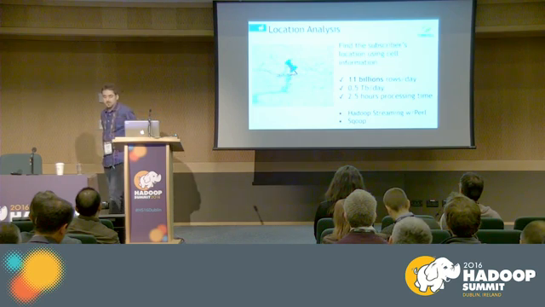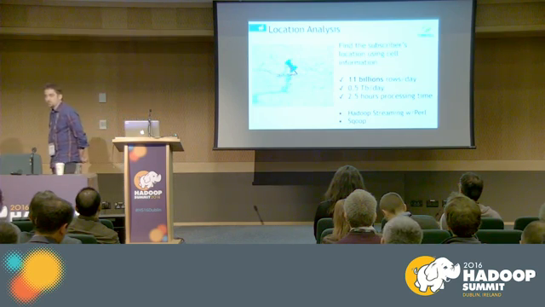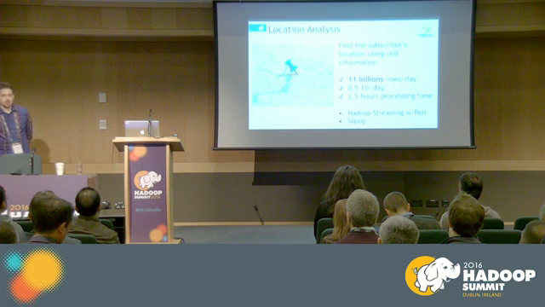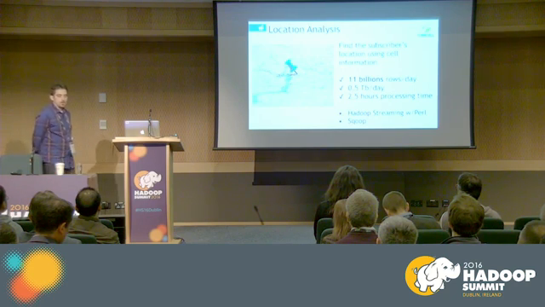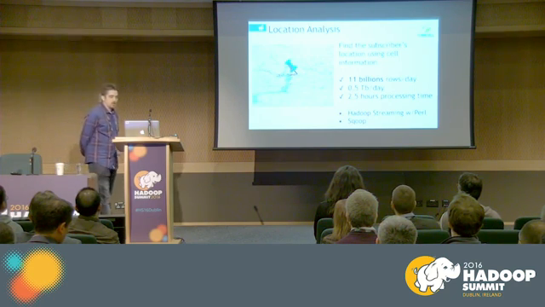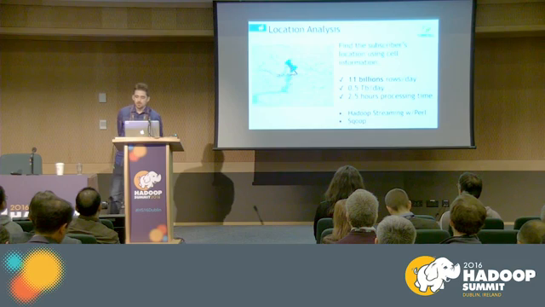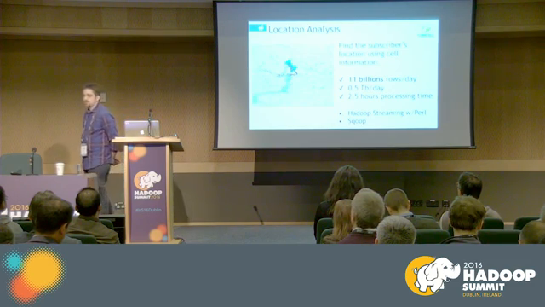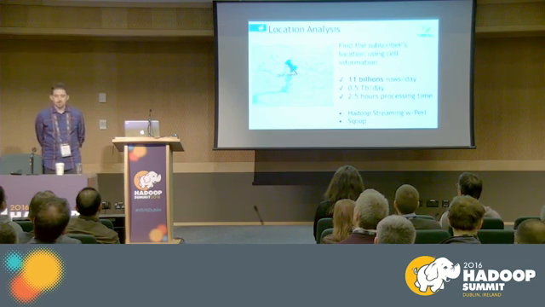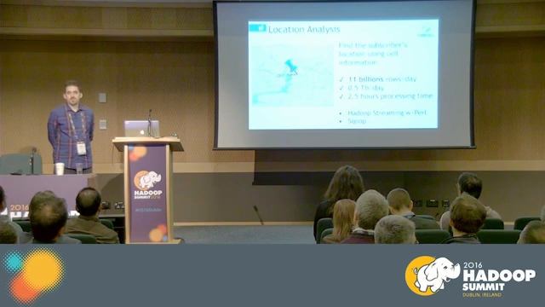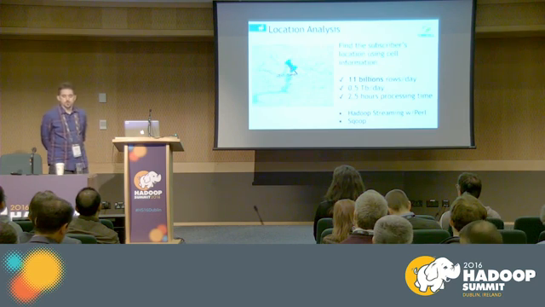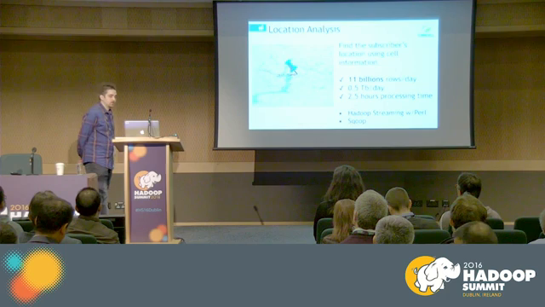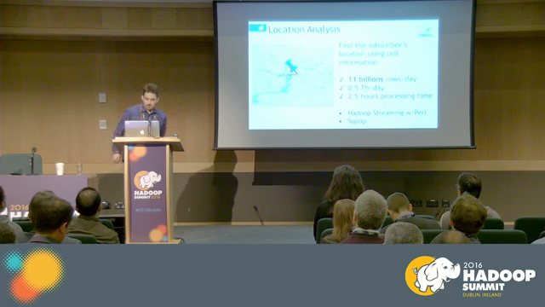This data size is 11 billion rows and half a terabyte per day. And it takes 2.5 hours to process. We use Hadoop streaming, and we chose the Perl programming language, and that's it.